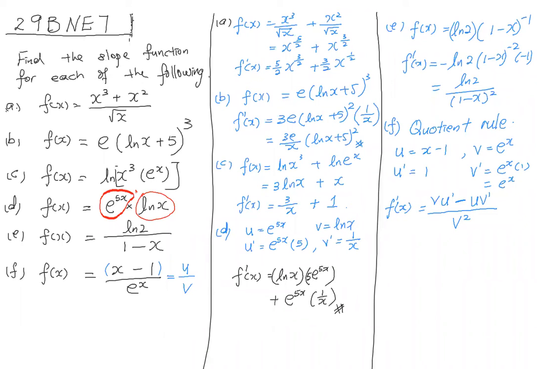So now I apply into the formula: v u prime, take away u, please put in bracket, v prime, the whole thing over v squared.